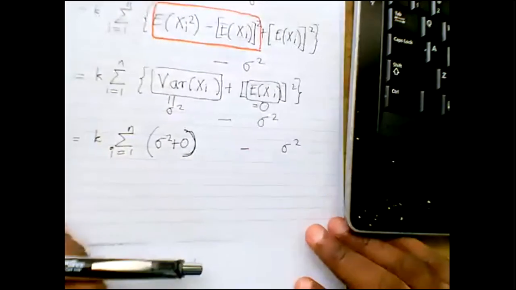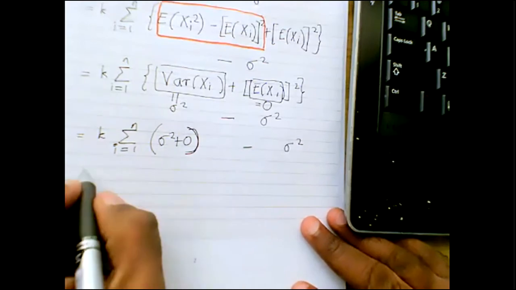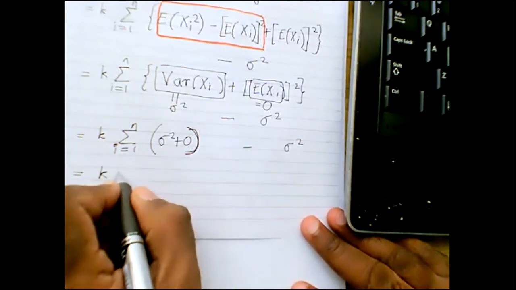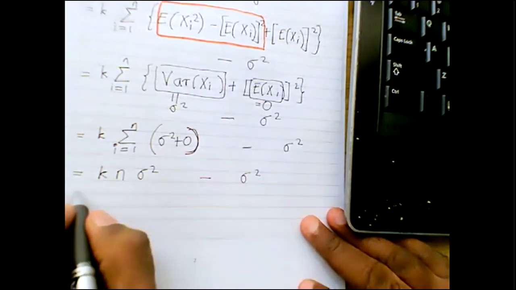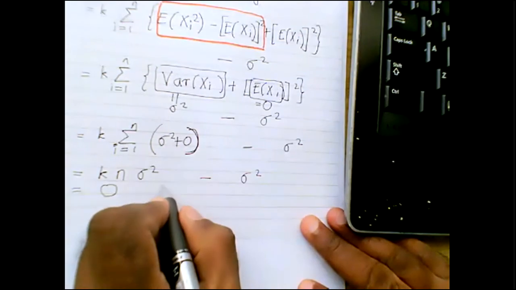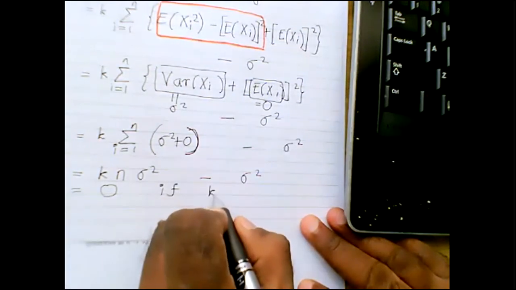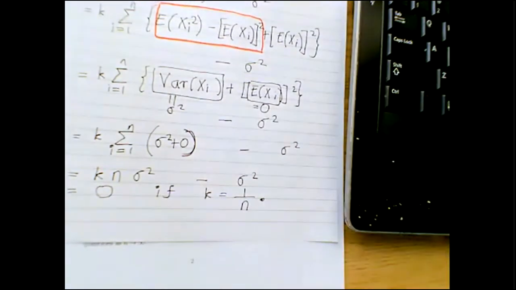Now sigma squared is a constant with respect to i, so what you have is K times n times sigma squared minus sigma squared, and this is equal to 0 if K is equal to 1 over n. So that completes the first part of question 8.